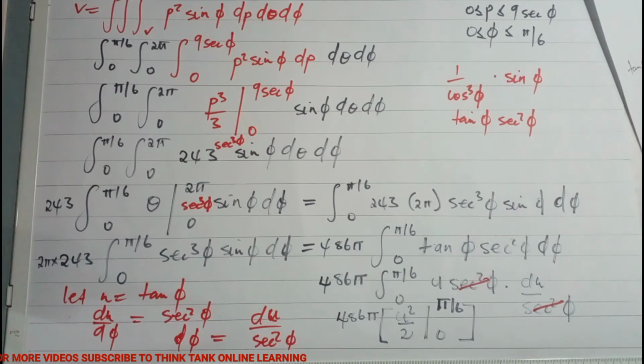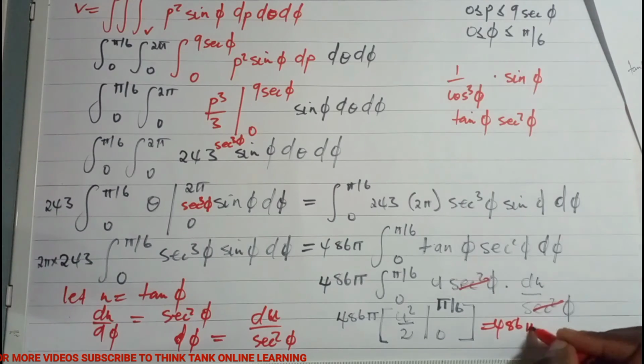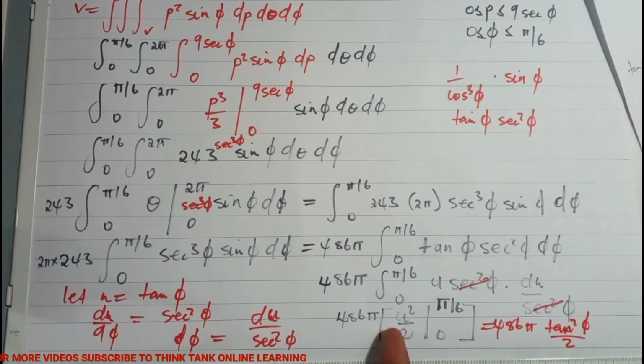Unfortunately I'm running out of space, so what I'm going to do is, we know u is tan phi, so u squared is tan squared phi. This is equal to 486 pi tan squared phi over 2, with limits 0 to pi upon 6.